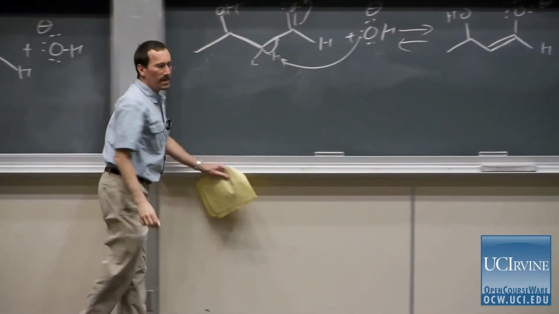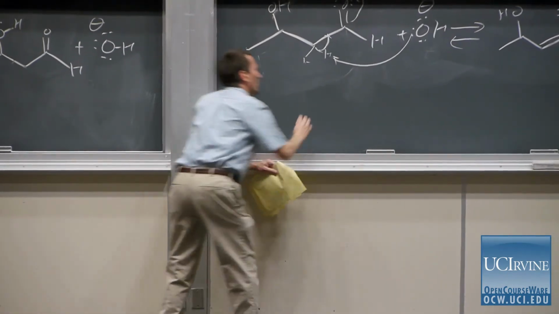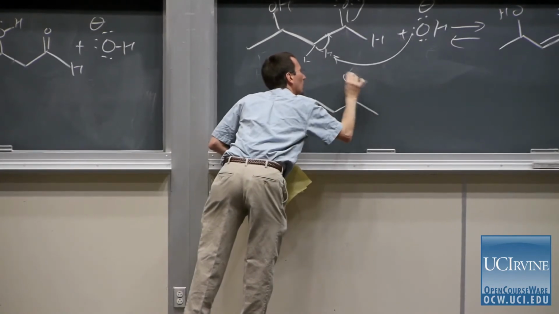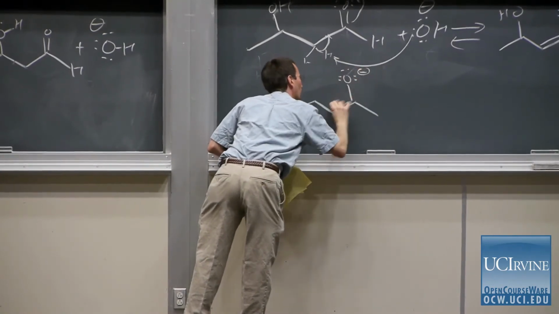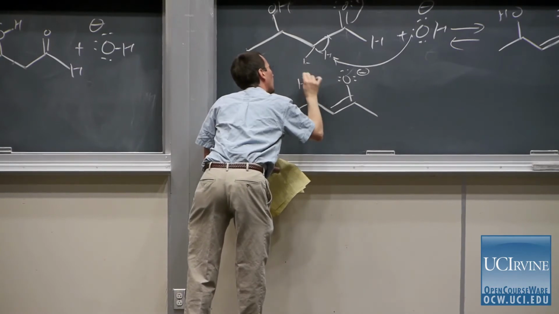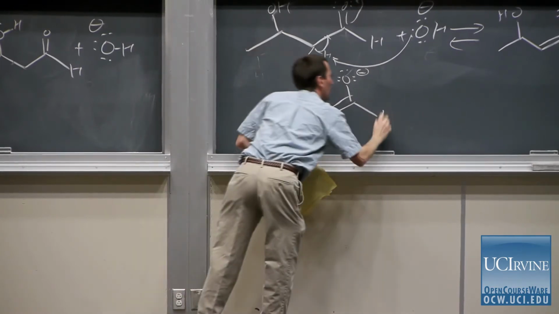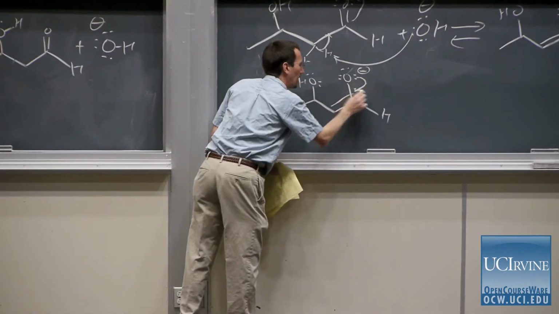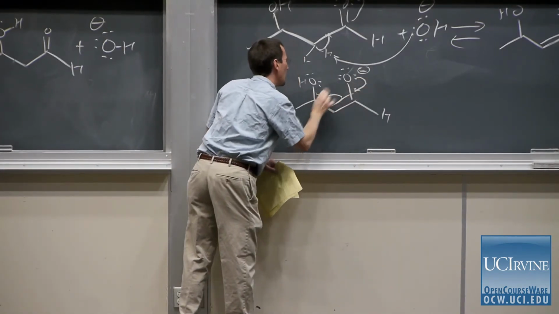And now, in a second step, we can spit out hydroxide. So our enolate kicks back. We push out hydroxide.